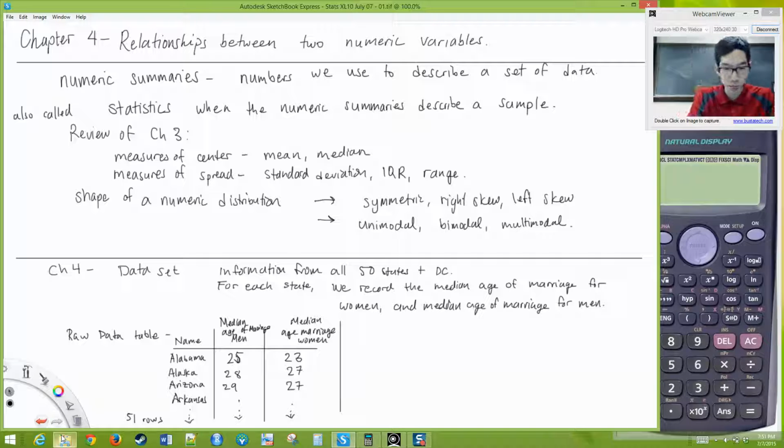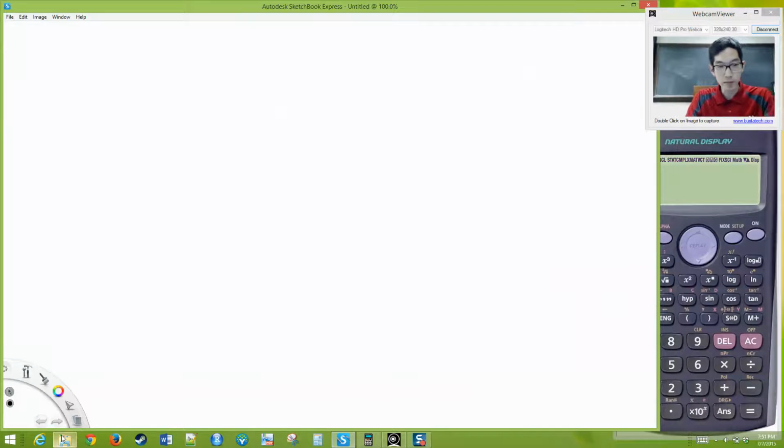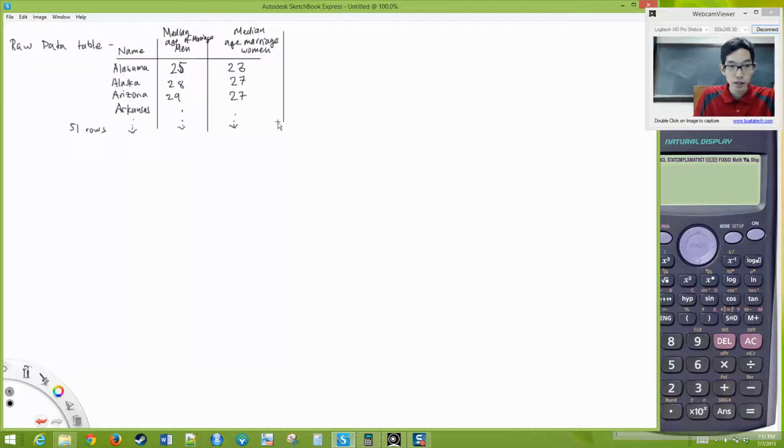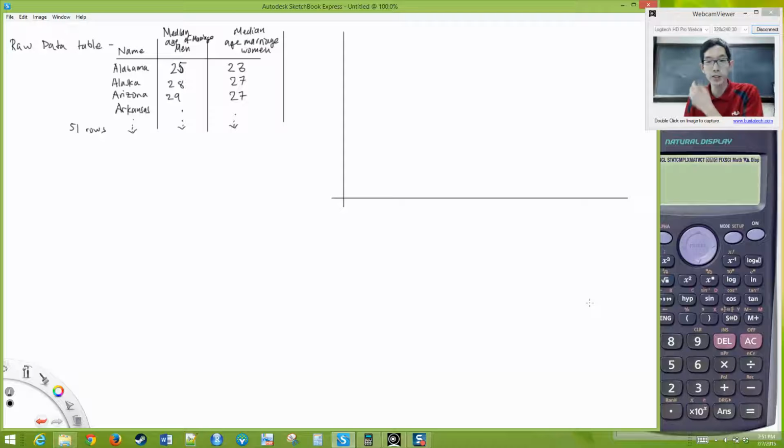So to plot this, I'm going to create a scatter plot, and I'm sure you guys are familiar with graphing coordinate pairs. Okay, so across the x-axis, I'm going to put women, and across the y-axis, I'm going to put men. And then I'm just going to make tick marks.